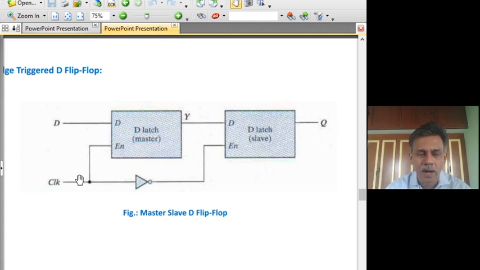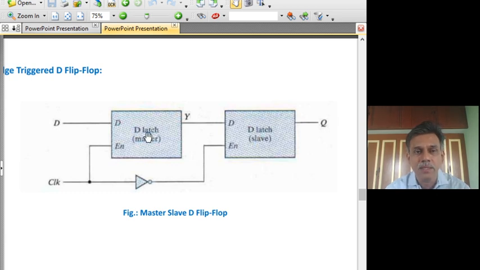Well, this is what happens when the clock goes to 1 during the clock pulse. When the clock comes back to 0, that is during the 1 to 0 transition, it is the trailing edge or the negative edge of the clock. At the negative edge of the clock, since the clock is going from 1 to 0, the master is disabled while the slave is enabled.